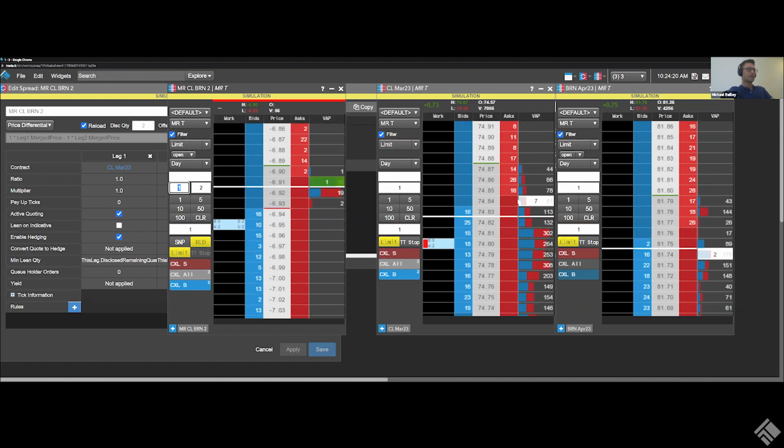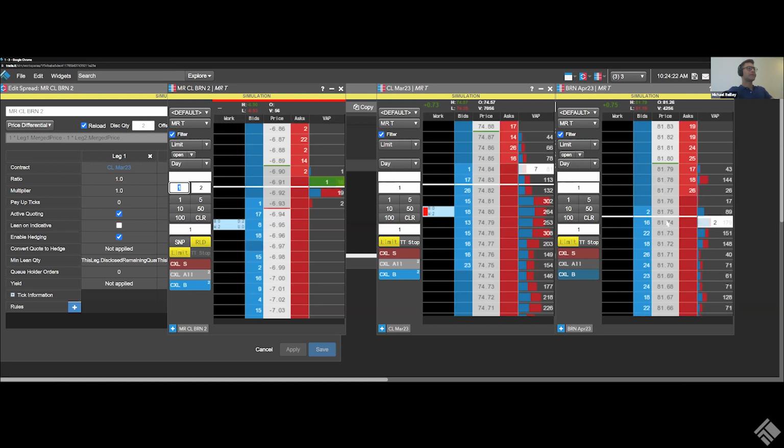Now, it is important to note that this particular order is currently quoting at 74.80, and that is purely because Autospreader is watching both of these legs, and it knows that it can go into our Brent April 23 contract, and it can sell, in the case that this quote order is filled at 74.79. Autospreader knows that it can go over to Brent April 23 over here and sell at 81.74.